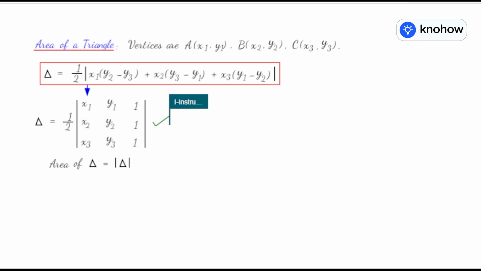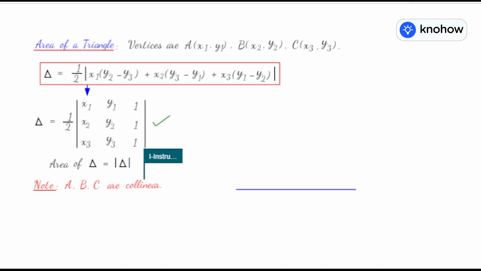Now another point to be noted here: if 3 points A, B, C are collinear, if 3 points lie in a line, there is no more triangle here. So if at all you apply area of triangle formula, what should come out to be? 0.